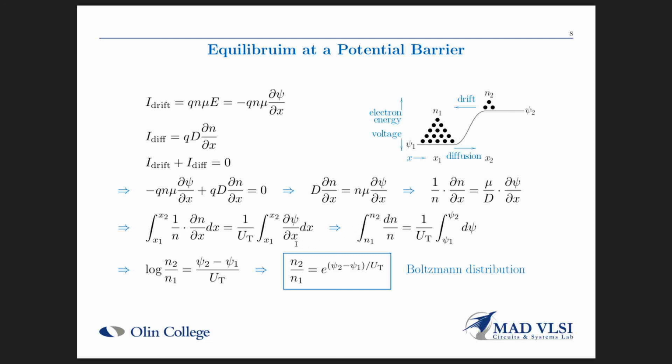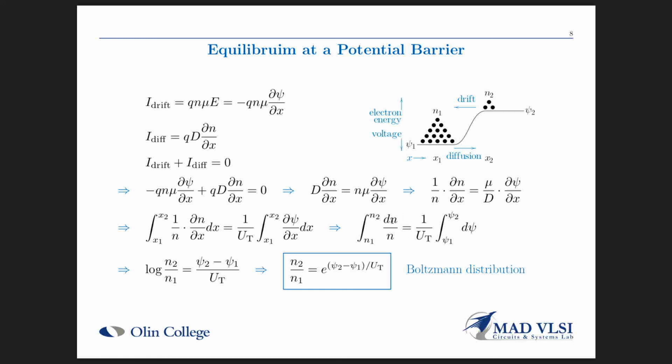So we have the integral of dn over n from n1 to n2. And on the right-hand side, we can do the same thing, only it's a little easier. At position x1, the potential is psi 1, and at position x2, the potential is psi 2. So we're integrating from psi 1 to psi 2, and d psi dx becomes d psi. And so the right-hand side is a very easy integral to do. It's just psi evaluated from psi 1 to psi 2, and so the right-hand side becomes psi 2 minus psi 1 over Ut.